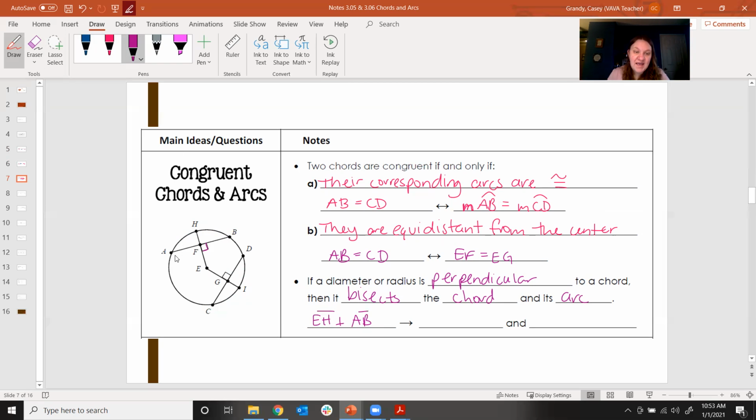Then AF will be equal to FB, so it's cutting these into two equal parts. And the measure of AH will be equal to the measure of HB.